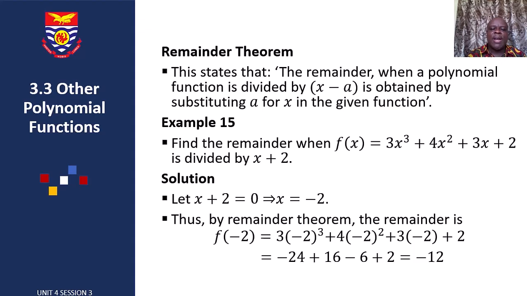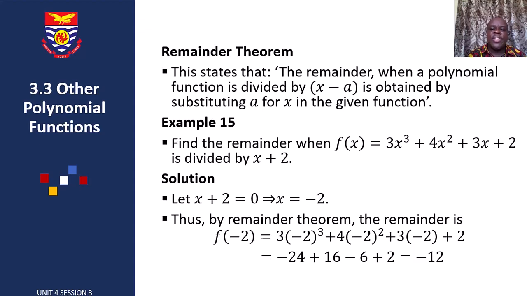So we have f of negative 2 is equal to 3 into bracket negative 2 cubed plus 4 into bracket negative 2 squared plus 3 into bracket negative 2 plus 2. This gives us negative 24 plus 16 minus 6 plus 2, and it gives us negative 12.